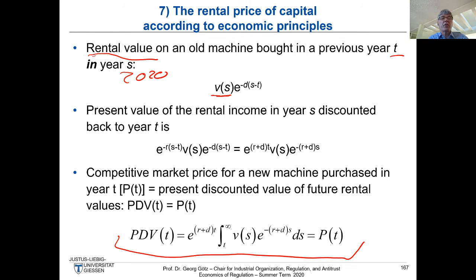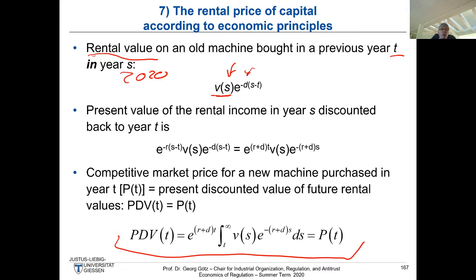Here you see what a new machine would manage to produce today, but your old machine already bought 20 years ago no longer produces this 10 million units, but it produces much less, namely the d is just our 10% over the 20 years, and this e, this exponential, this Euler number, is just the standard kind of depreciation in continuous time.